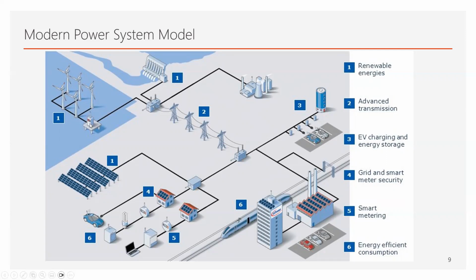We have converters and transformers here that uplift the voltage and supply to this transmission line. So this is a transmission line, but it is advanced because so many power electronics are involved.